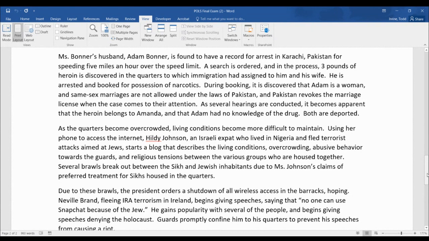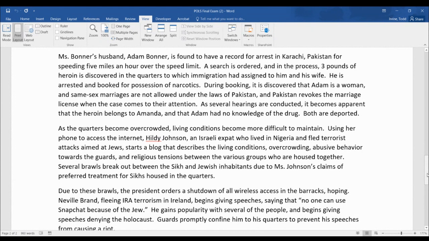During the booking, it's discovered that Adam is actually a woman, and same-sex marriages are not allowed under the laws of Pakistan. And Pakistan revokes the marriage license when the case comes to their attention. As several hearings are conducted, it becomes apparent that the heroin belongs to Amanda. Adam had no knowledge of the drug, and both are deported.